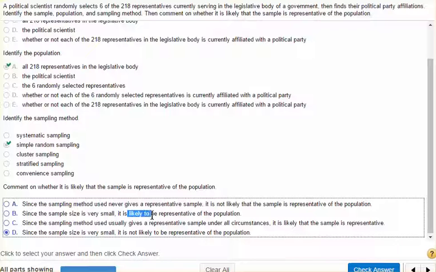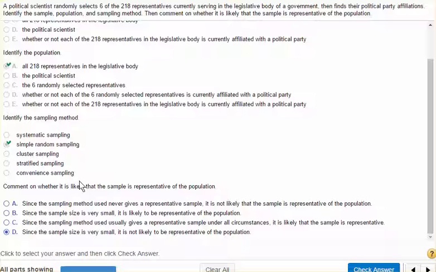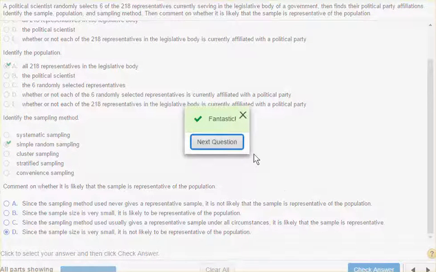So this is a problem with B. And since the sampling method used usually gives a representative sample under all circumstances, it is likely that the sample is representative. And I do believe that the confusion here is between these two, and the problem is the sample size is too small. So, let's click answer. Yes, I like when I get them right.